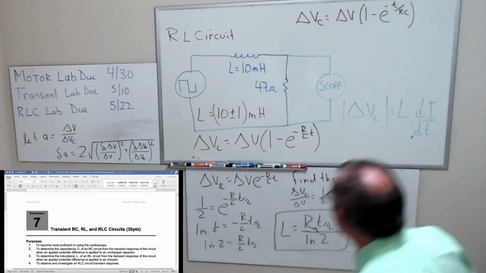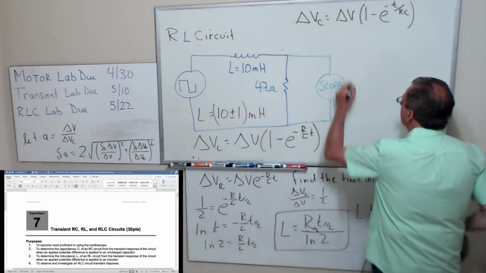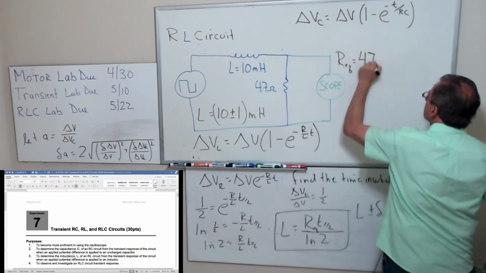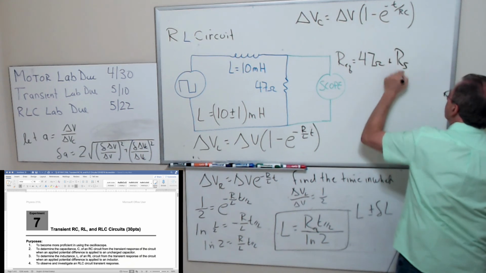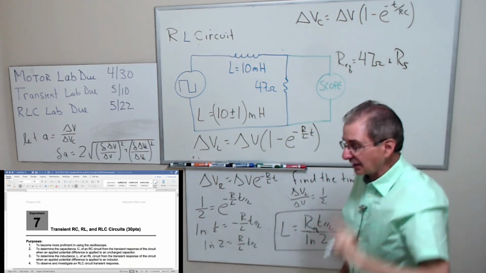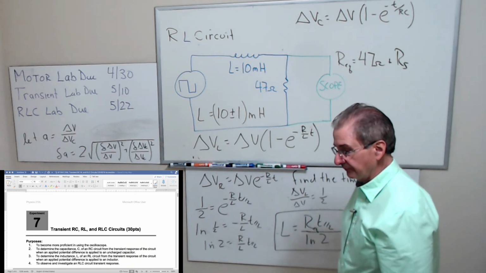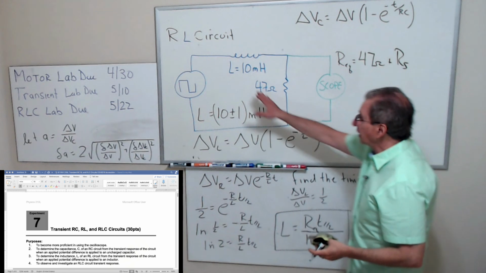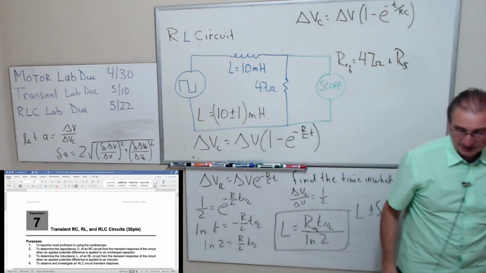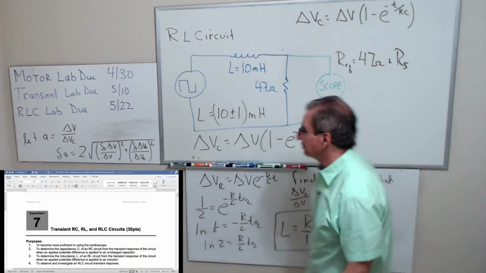Well, we have to think about what an inductor is, and we have to think about the signal generator. So our total R is the 47 ohms plus R of the signal generator. You're going to look up the value from the table you got last week. But there's one more. An inductor is a coil of wire, just a big coil, so it has resistance too.